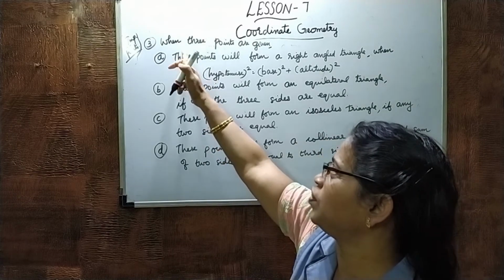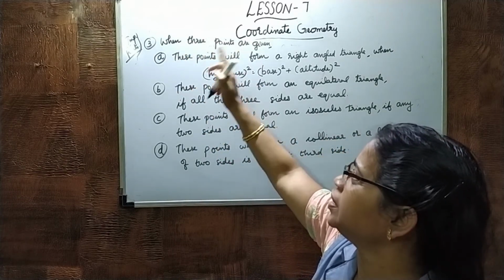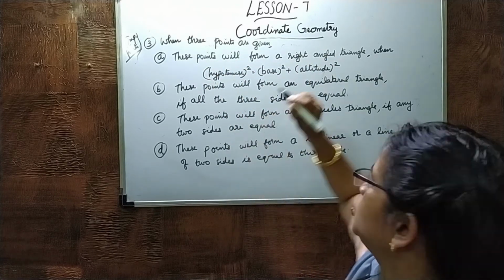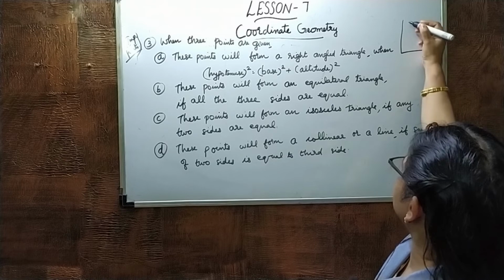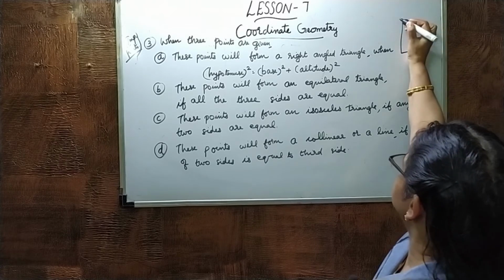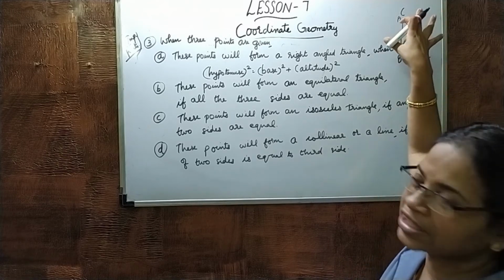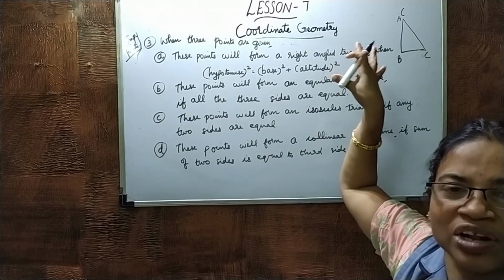Now first thing, when 3 points are given and these points will form a right angle triangle. You know, this is a right angle triangle, right? This is A, B, C. Here they will give you this in the Cartesian plane with x-axis and y-axis.